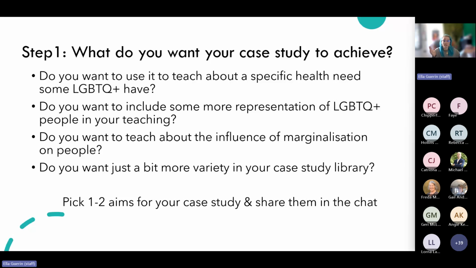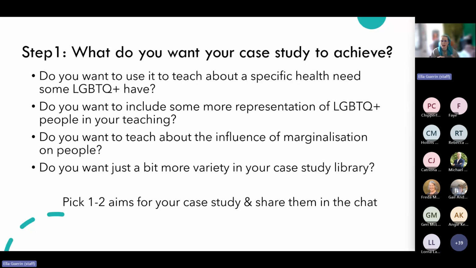In which case, absolutely brilliant. Love that. Have a look at diversifying the profiles of your case study cohorts. Or is it actually, no, I want my students to know about this specific experience relating to this part of the LGBT plus community. I want to teach on this specific health need.